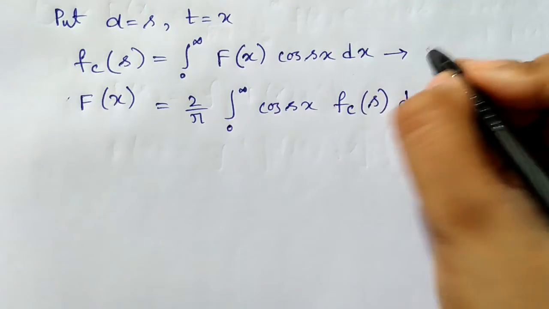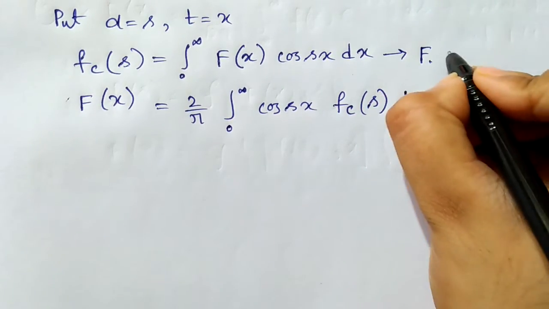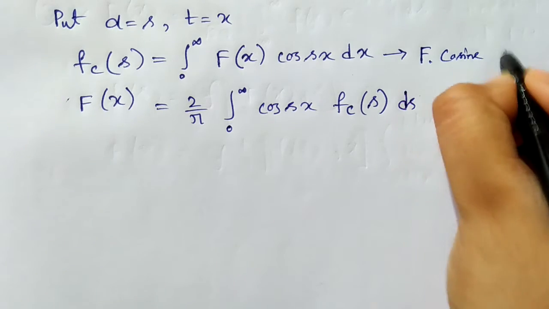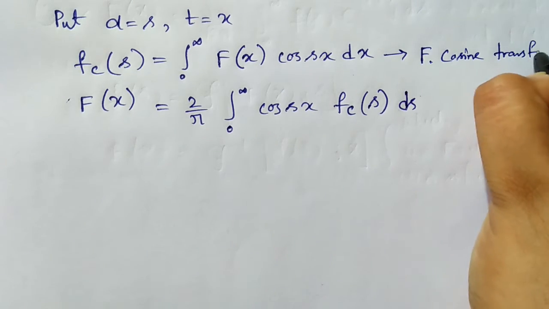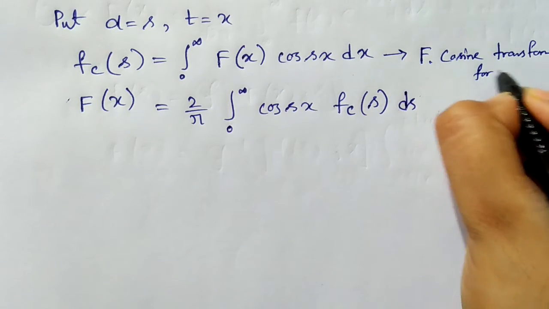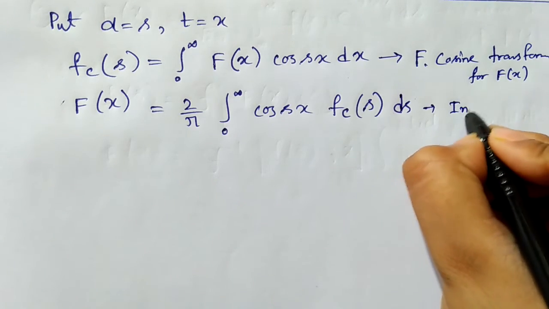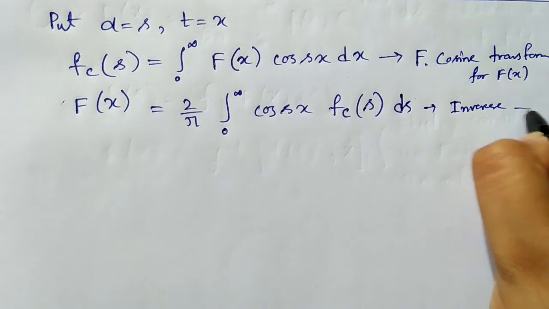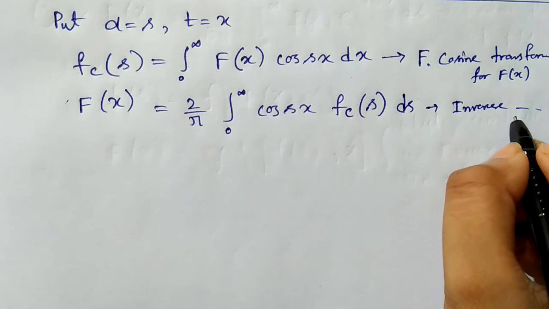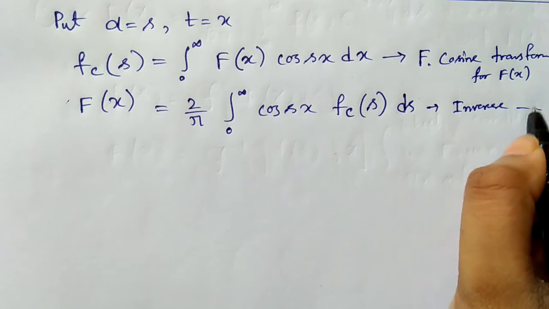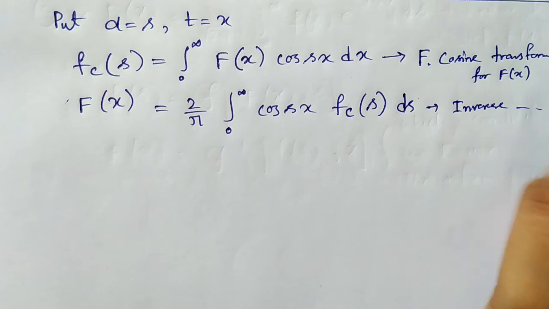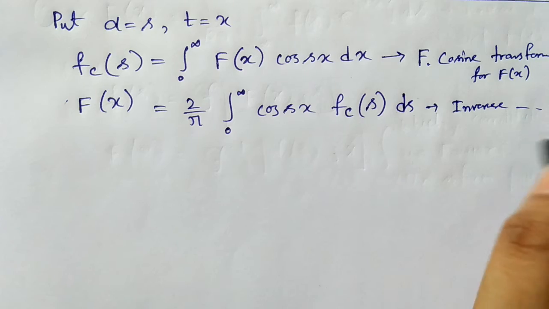This is our Fourier cosine transform formula for capital F(x), and this is the corresponding inverse formula, the inverse Fourier cosine transform formula for the function capital F(x).